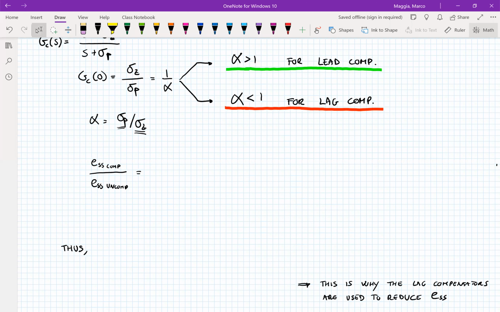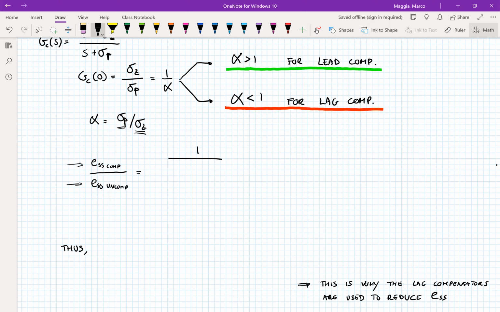So now let's take the ratio between the steady state error of the compensated system over the steady state error of the uncompensated system. If this ratio is greater than 1, it means that we've increased the steady state error. If this ratio is less than 1, it means that by introducing a compensator, we've decreased the steady state error.